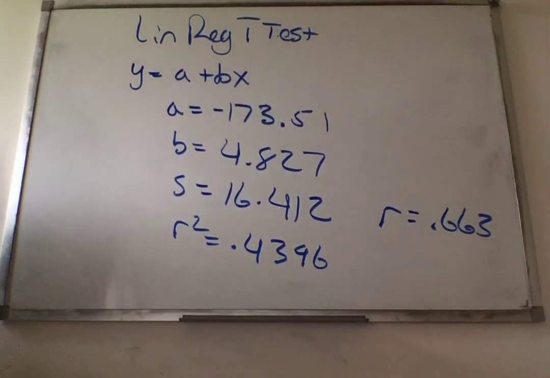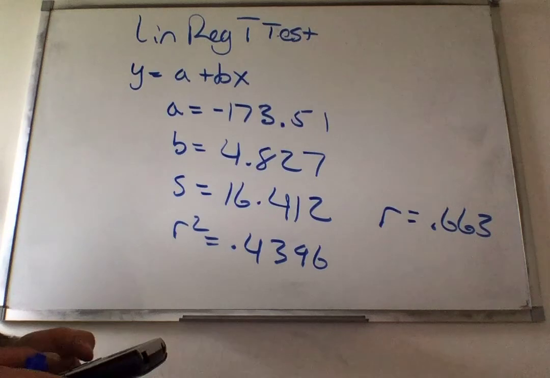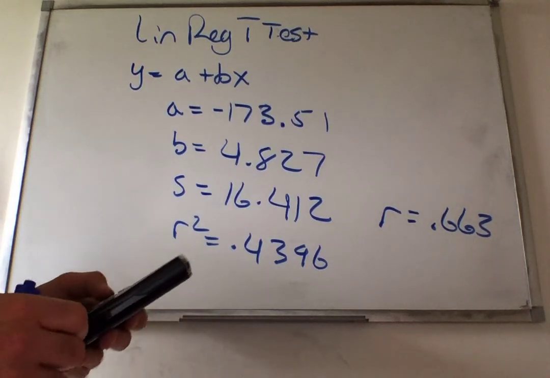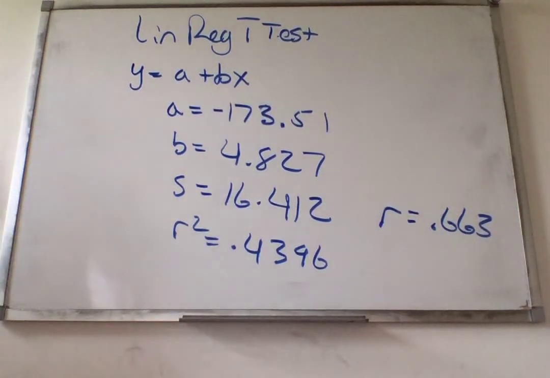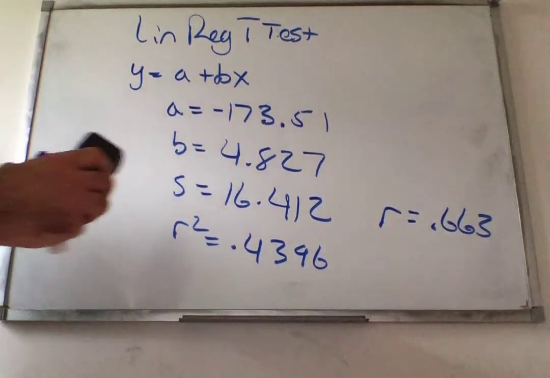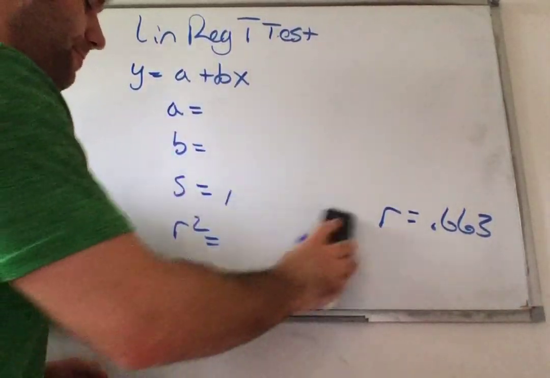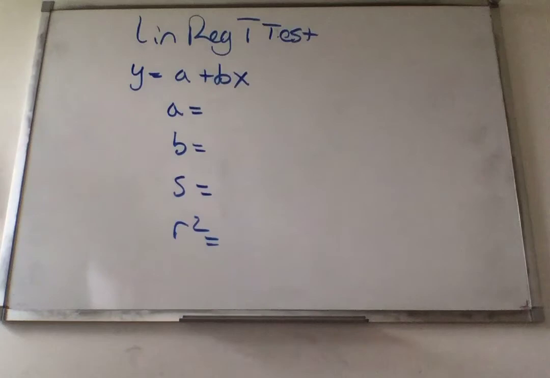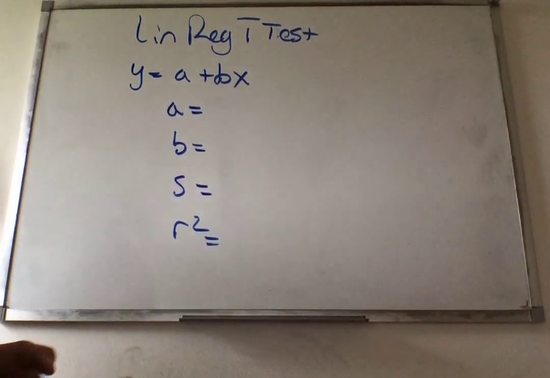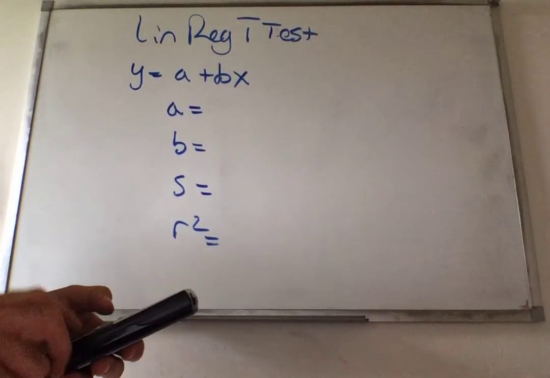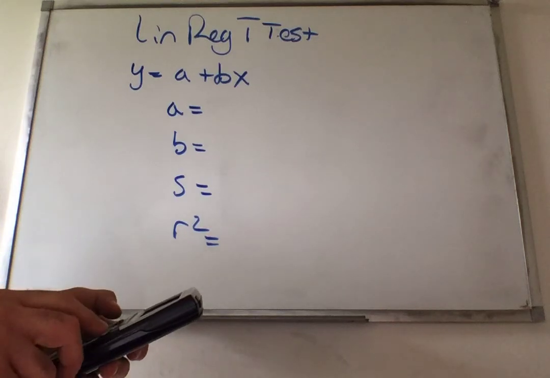So let's go ahead and do it for the next example. I already told you to put this next example into list 3 and list 4. Leave them there. Again, we're going to use these for the next section.